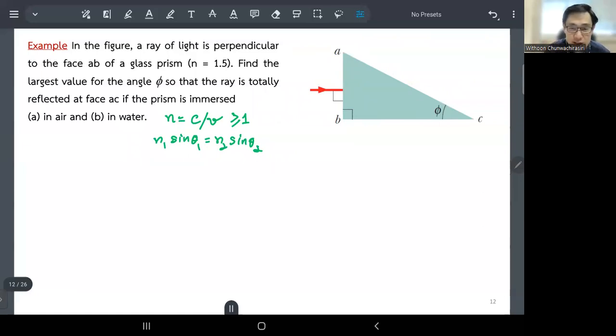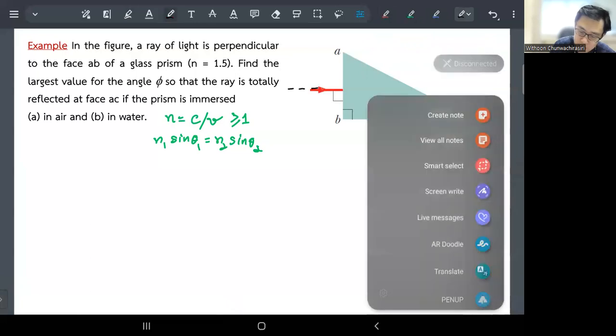So first things first, it hits the AB surface perpendicularly. You have to keep in mind, every time we do this, we use the normal line as your reference all the time, right?